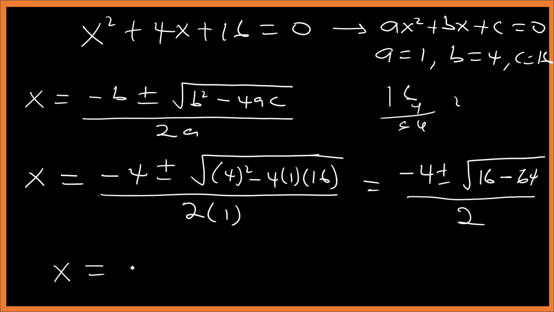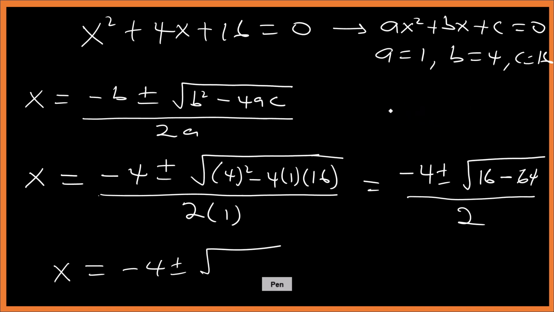So minus 4 plus or minus square root of 16 minus 64, so that would be negative 48.